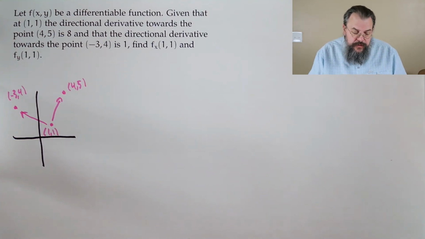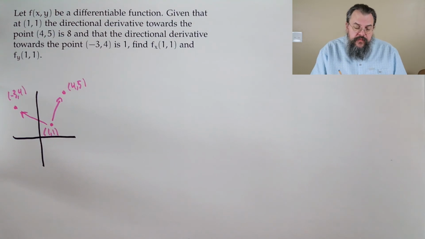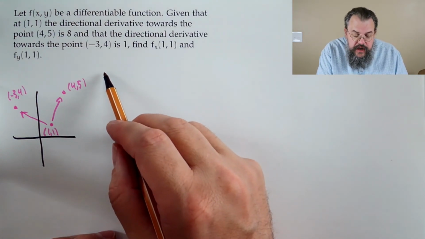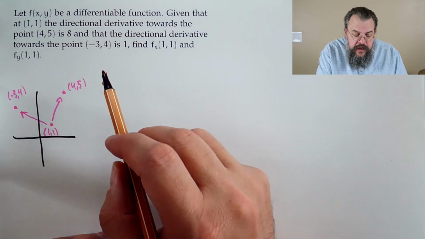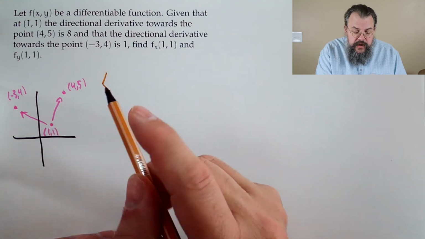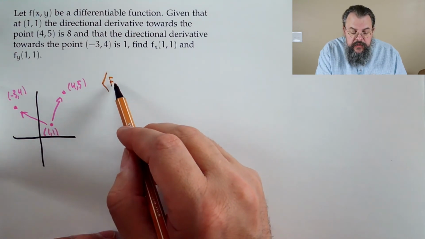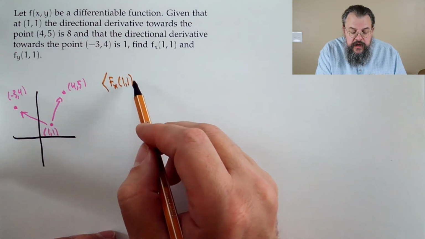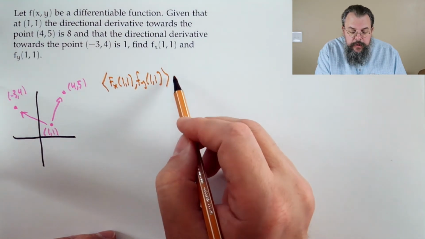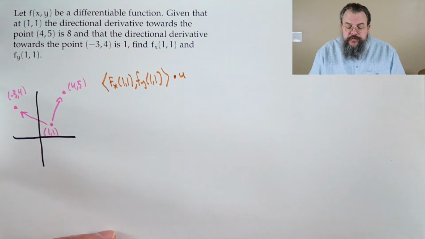So what we can use is the following. Say, look, the way we find our directional derivatives is we would take our gradient at our point 1, 1, because we're coming from 1, 1. So that would be fx at 1, 1, comma fy at 1, 1, and we would dot it with u.